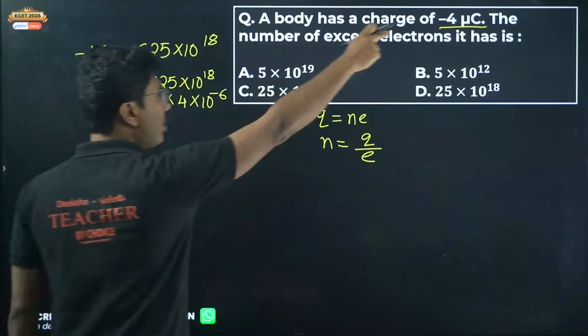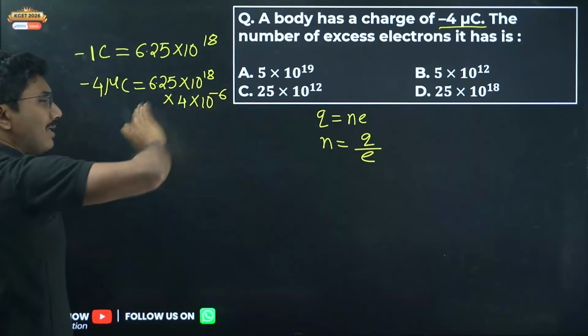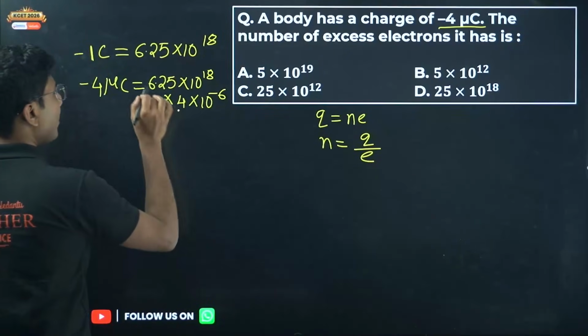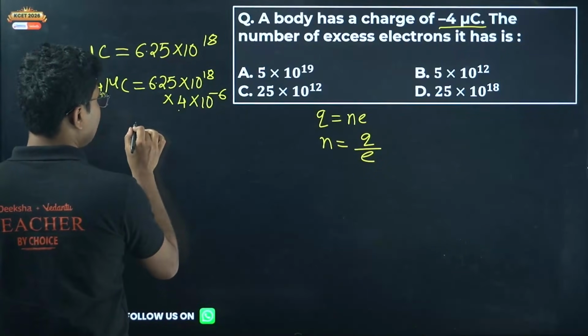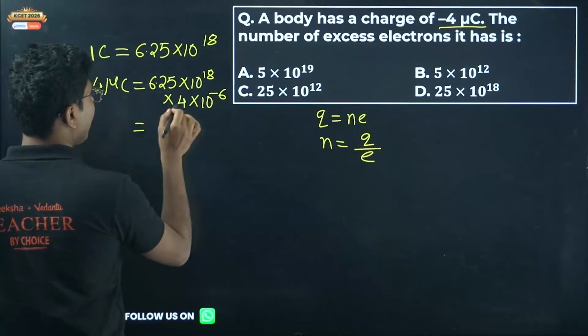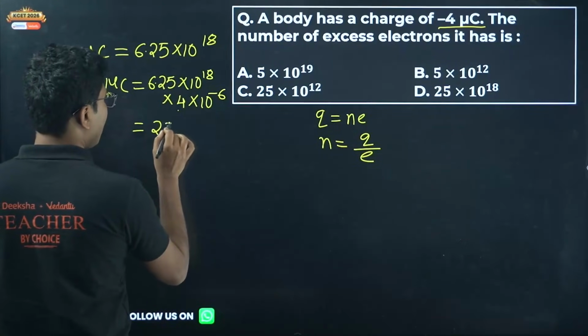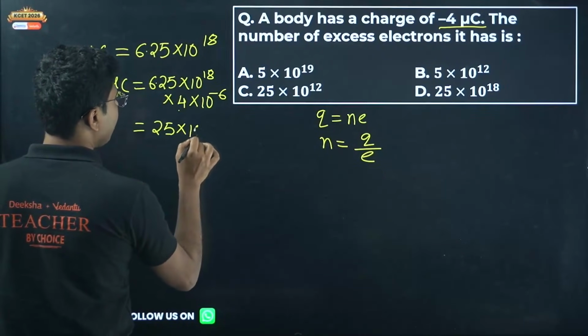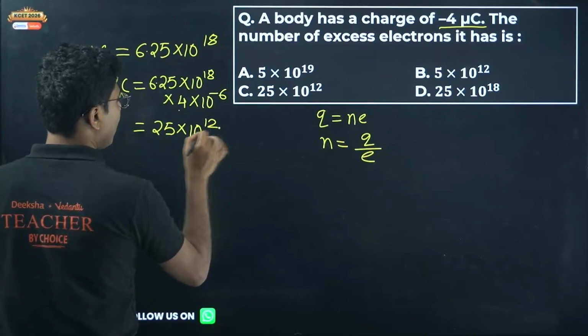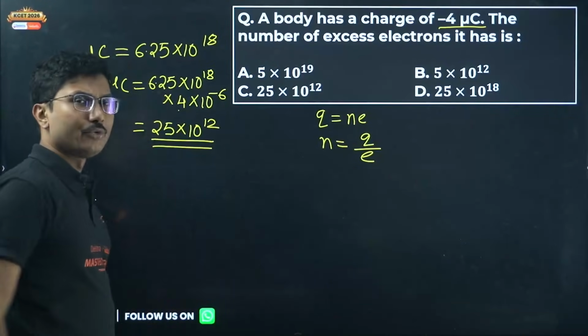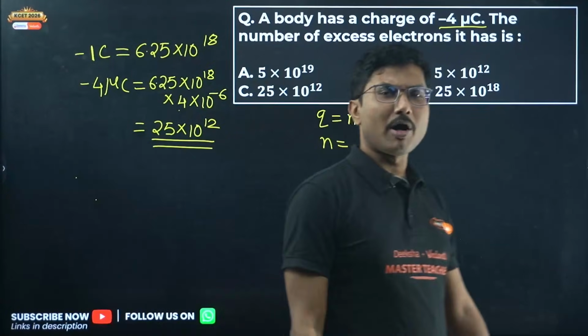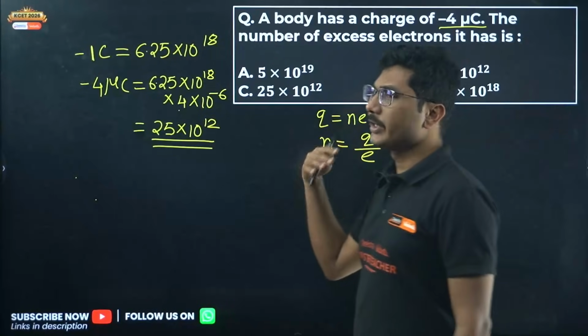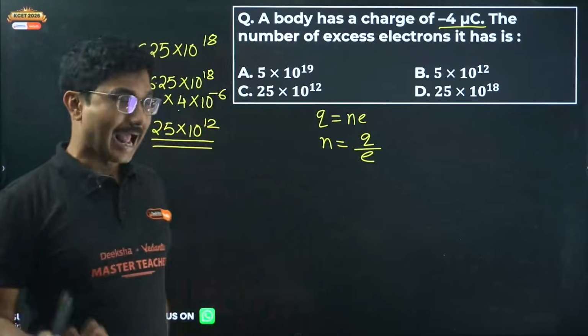If it is only coulomb, you don't need to add this -6. So 4 into 6.25 will give you 25 into 10 to the power of 12. So you need 25 into 10 to the power of 12 electrons to be added extra.